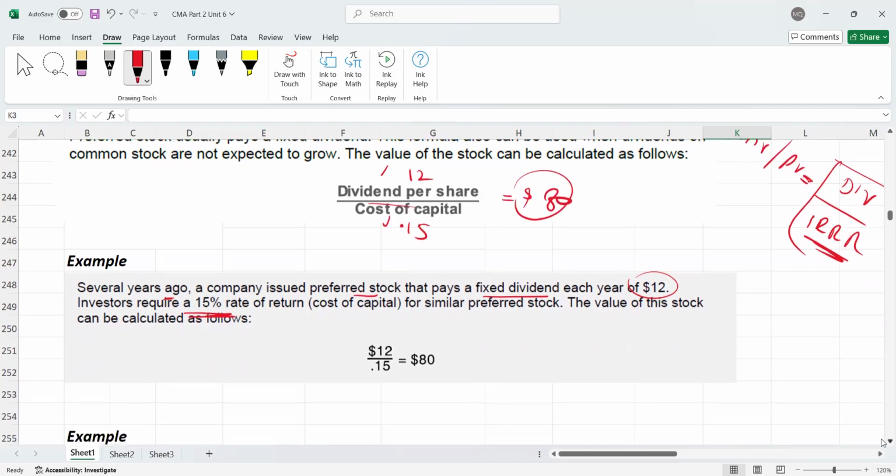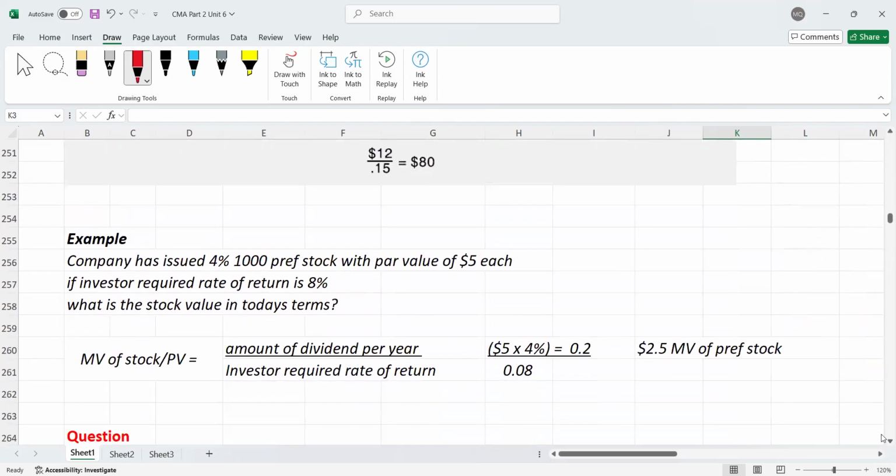Now look at another example. A company has issued 4% preferred stock. 4% is the percentage of dividend. 1,000 is the number of preferred stock, with a par value of $5 each. The investor required rate of return is 8%. What is the market value of the stock today? You can see here the dividend amount is not given, but the face value and the percentage of dividend are given.